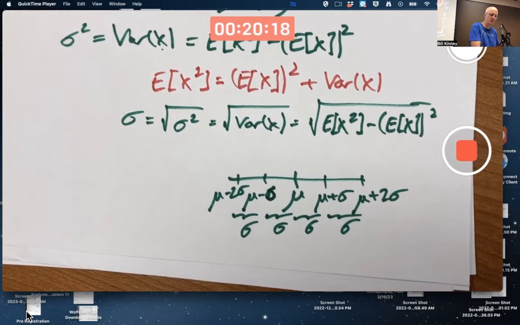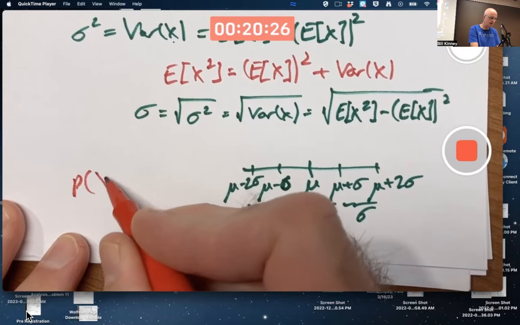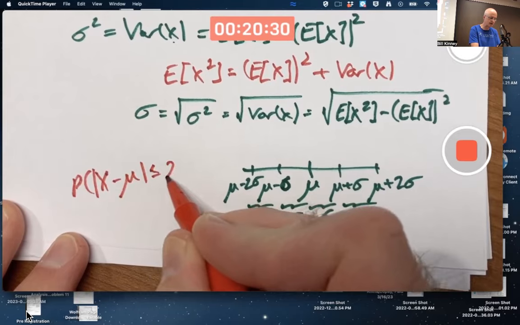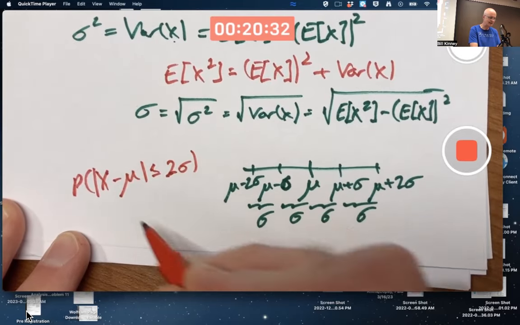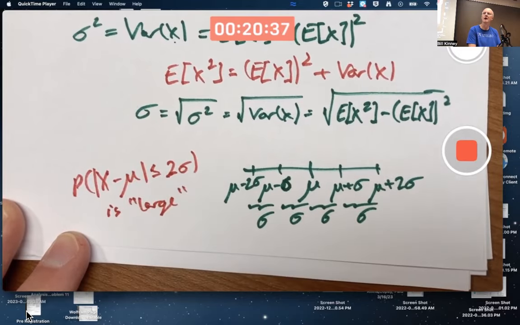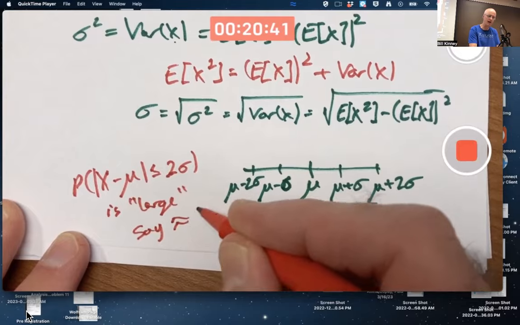Almost all the probability is within 2 standard deviations of the mean. The probability that the distance between x and mu is less than or equal to 2 sigma is, quote unquote, large, say real close to 1.